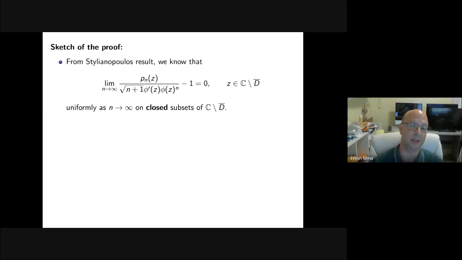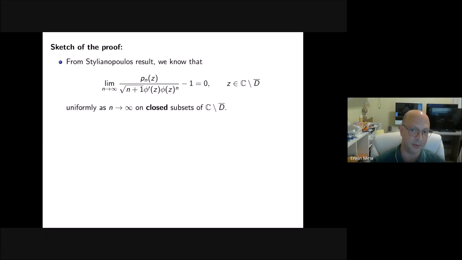But if you go to the complex plane, now you have any domain, and you also have area measure. So you have a very limited set of tools. In fact, it's so limited that I've been thinking about this problem for a long time, and only recently was I able to find a way to tackle it.